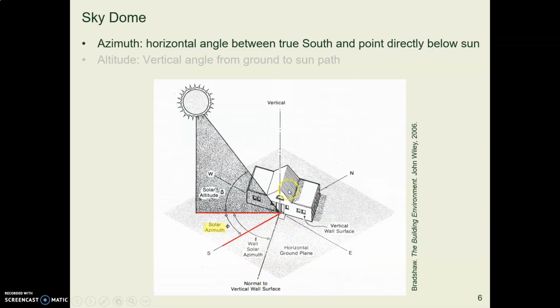So if this is a drawing of a house and this line pointing towards the bottom of the screen is true south, and the sun, let's say it's mid-afternoon, is coming a little bit from the west, there is an angle from true south to where that sun hits the ground, and that is called the azimuth.